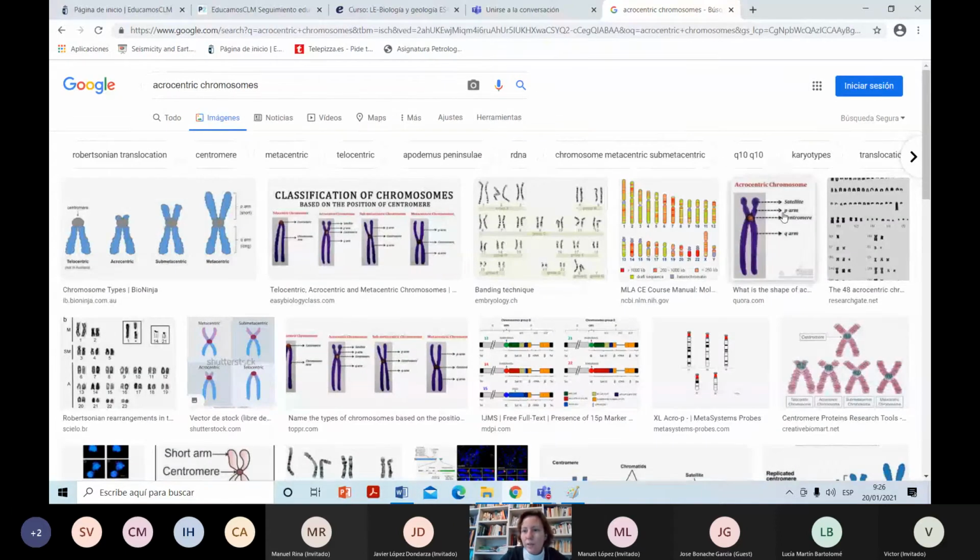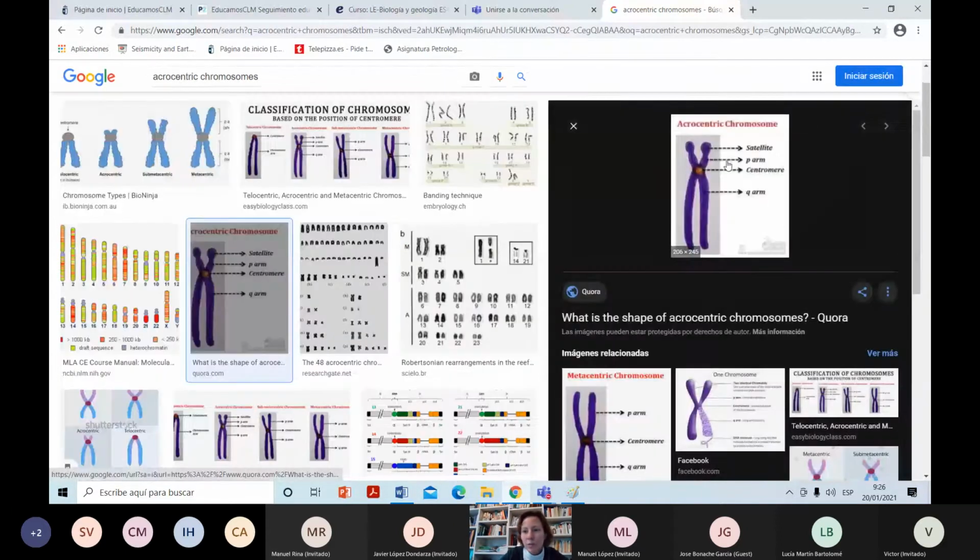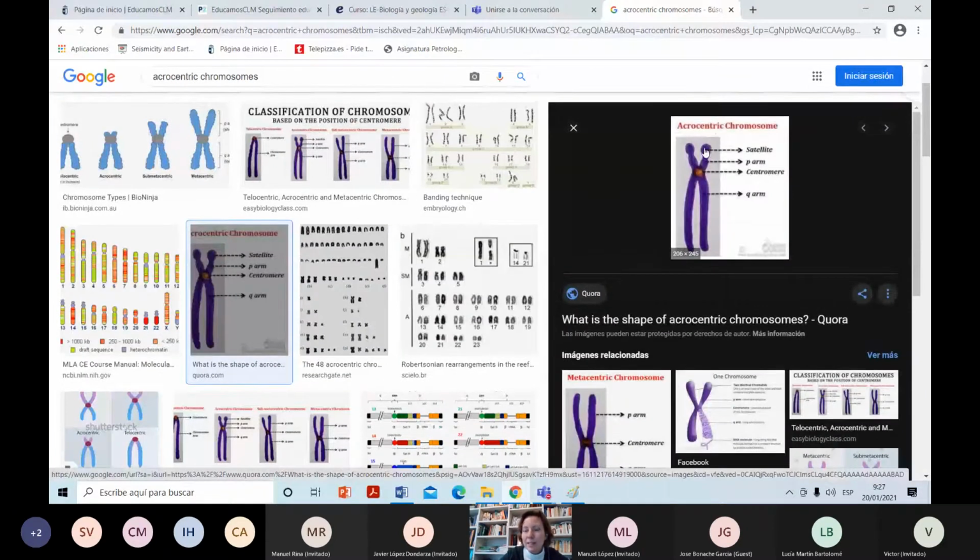Then in one of these acrocentric chromosomes, you're going to find this satellite. The satellite is formed by this secondary constriction, another constriction in the P arm. Whenever there's a secondary constriction and a satellite, we talk about acrocentric chromosomes.